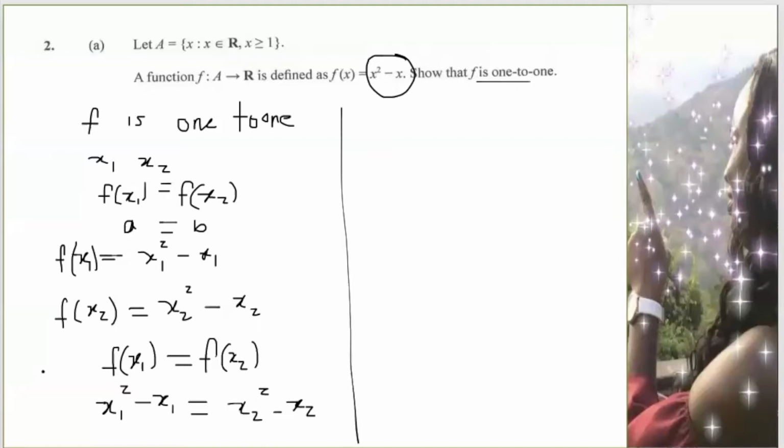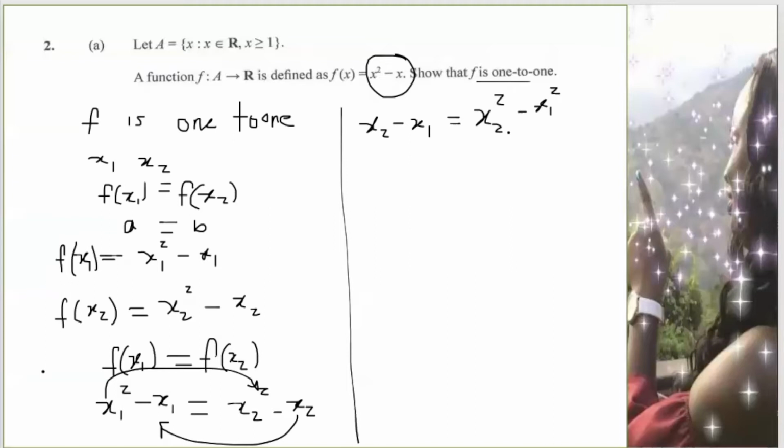So what I will be doing is carrying the x1 squared over the equal sign and the minus x2 over to the other side, which is the left-hand side. So what do I have? I will have positive x2 minus x1 is equal to x2 squared minus x1 squared.